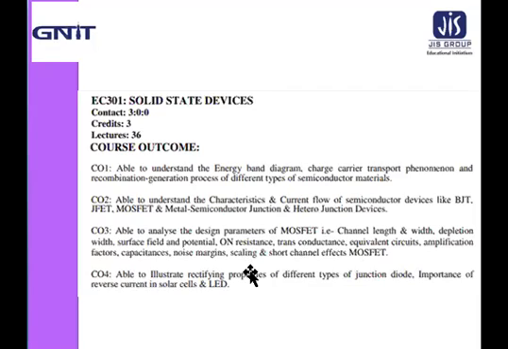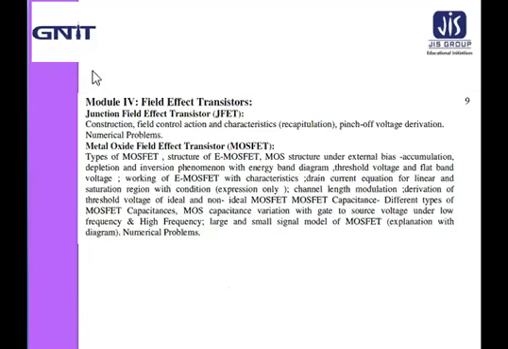Now, today we will discuss some parameter properties of MOSFET, and for that today's course outcome is the third course outcome. Under module 4, which is on field effect transistor, there are different topics.